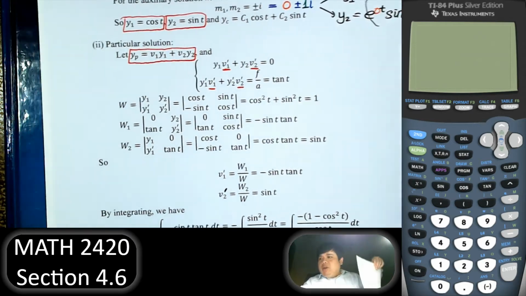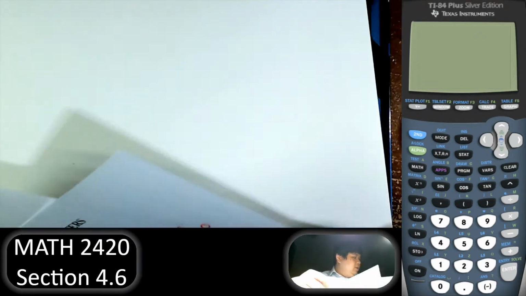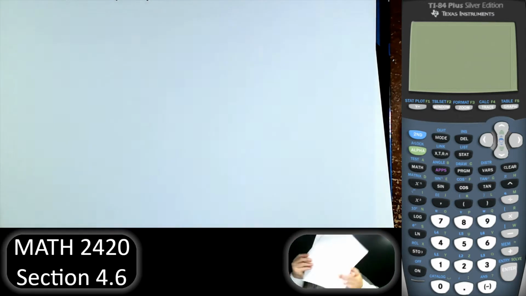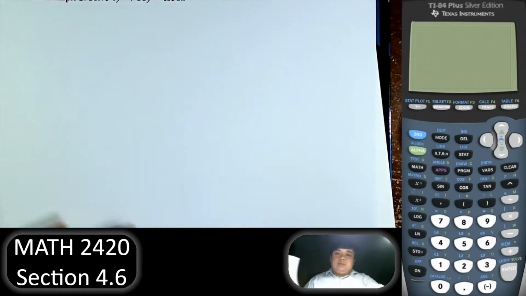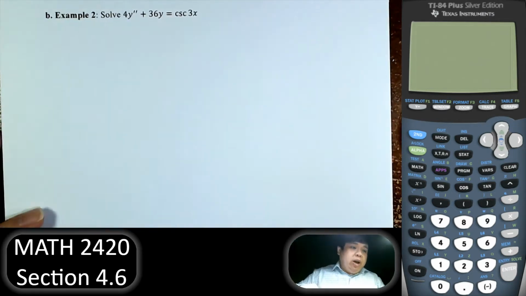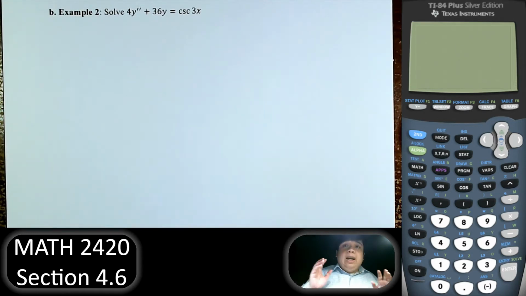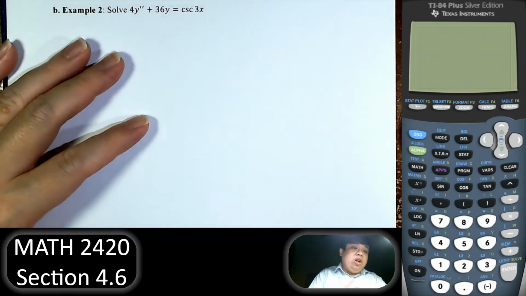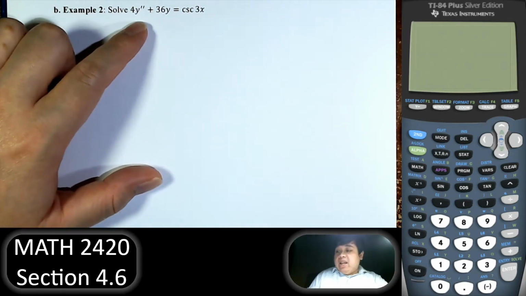Right, let's look at the first example. See what we get. Right, so this is what we have. As mentioned before, if it's the case, first thing, just divide by 4. I prefer to have the equation with 1 as the leading coefficient.